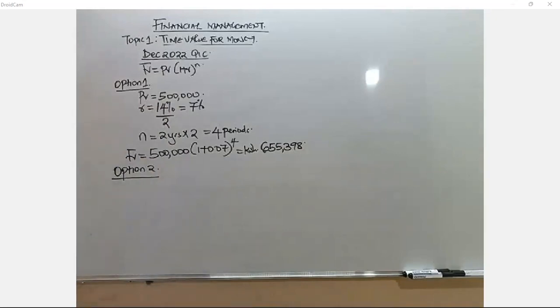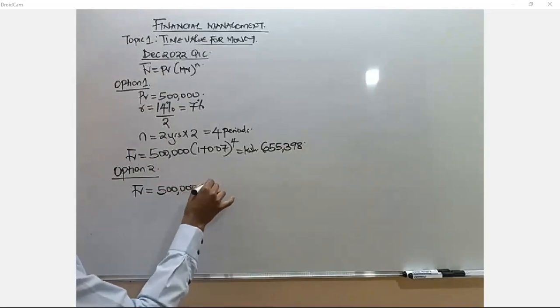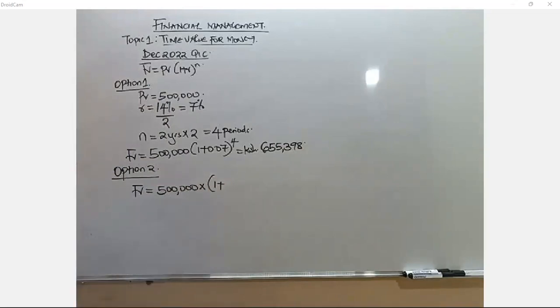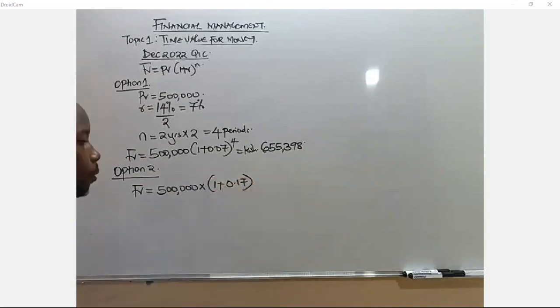So when you look at option 2, we are being told to invest with Kijiji Bank Limited at an interest rate of 17% per annum, with interest paid annually. So to get my future value, I take my present value, which is 500,000, then multiply by our rate. We are told it is 17% per annum, which is 0.17, raised for how many years?